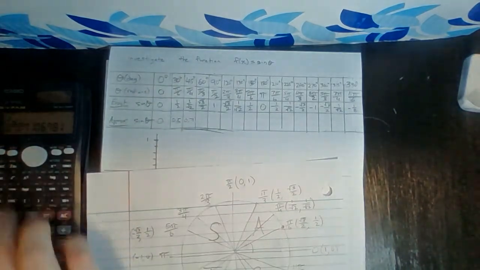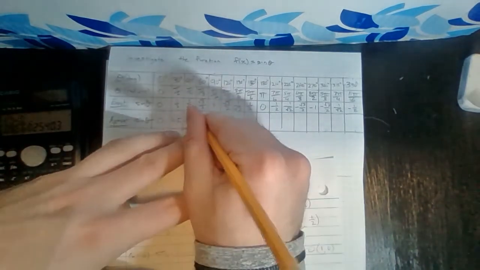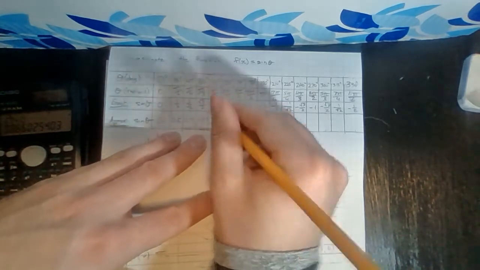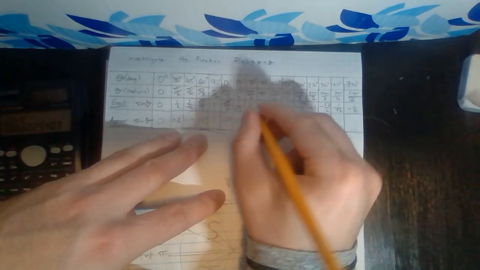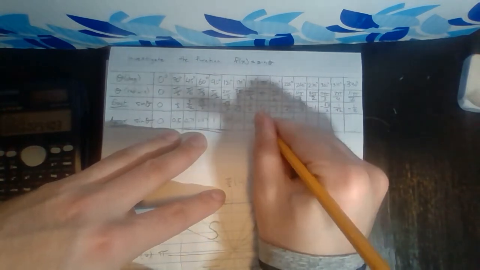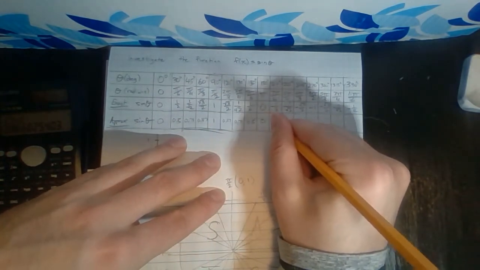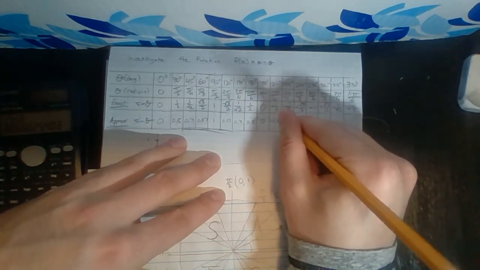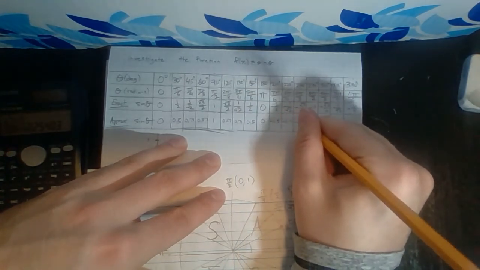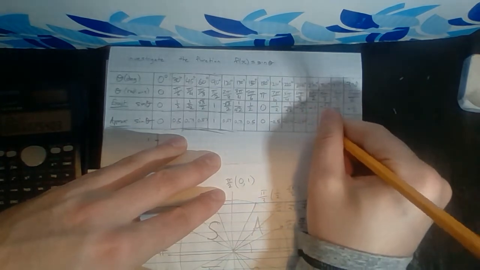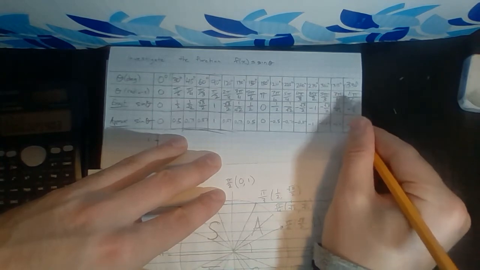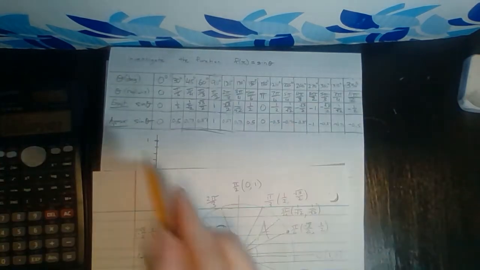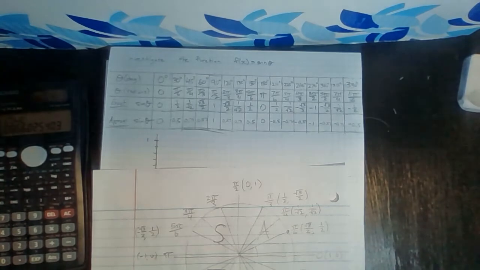Root 3 over 2 is 0.87. 1, 0.87, 0.71, 0.5, back to 0, negative 0.5, negative 0.71, negative 0.87, negative 1, negative 0.87, negative 0.71, negative 0.5, and back to 0, back to our 0 or 360 degrees, one full rotation around the circle.